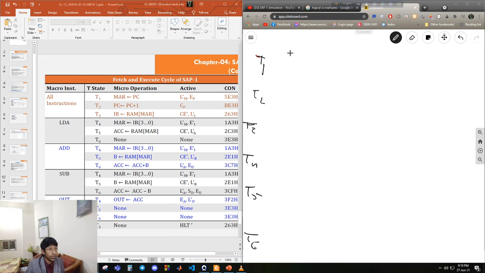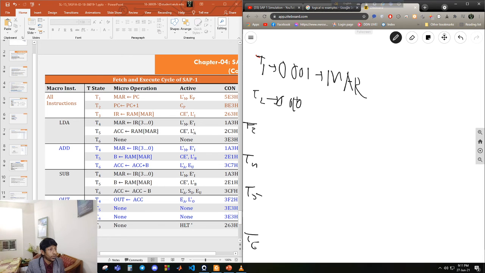The PC was incremented in the first operation, and the value was 0001 after increment. So the incremented value will be registered to MAR. For this operation, again the program counter value will be incremented by 1.